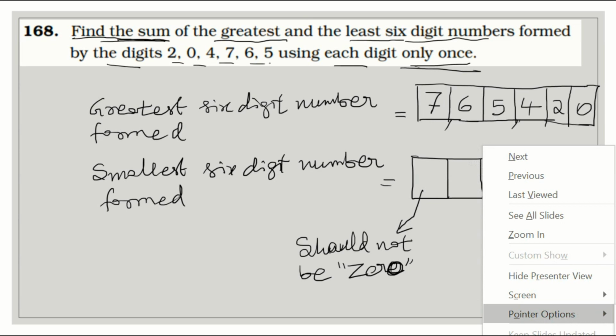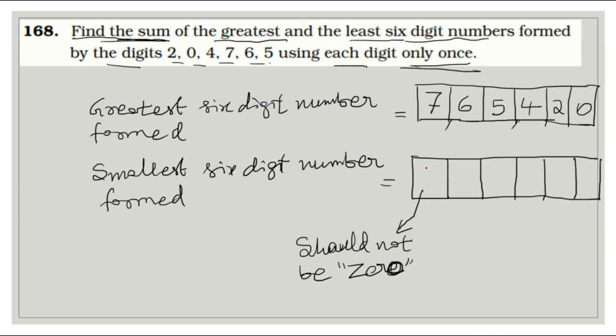So that's why we have to choose very carefully a non-zero number here, and that too the smallest. Leaving 0, which is the smallest among them, 2 is the smallest, so 2 occupies here first. Next, 0 can be used after this place onwards. You can use 0 anywhere now, but it is used here because I want to write the smallest number.